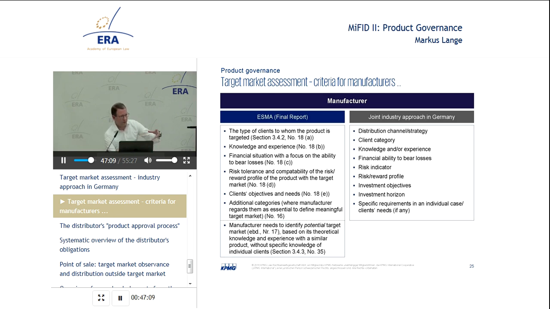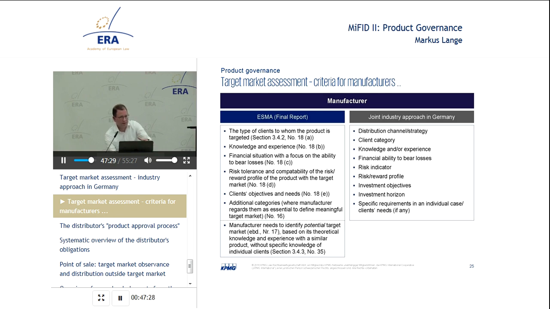But this has then evolved in a way that the manufacturer required, and I've discussed it also with IOPA because they had a different approach, for the manufacturer, the need was seen to establish a separate and its own catalog of relevant criteria.